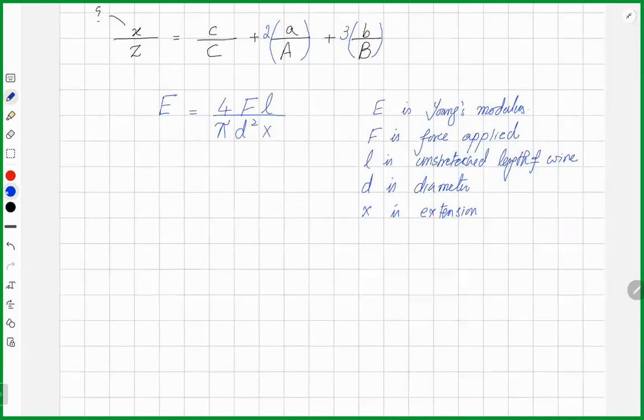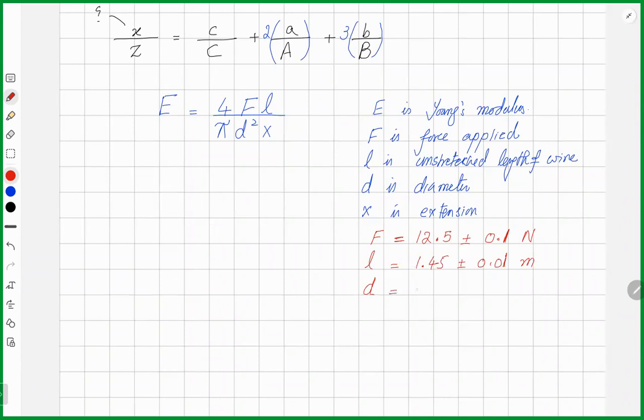And the data given is that F equals 12.5 plus minus 0.1 Newton. L is 1.45 plus minus 0.01 meter.